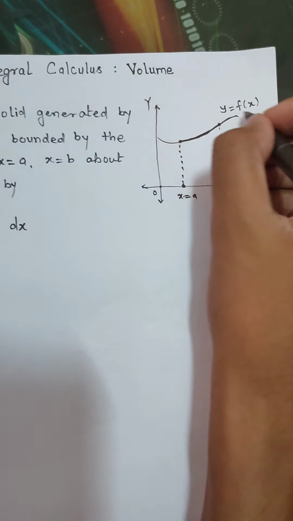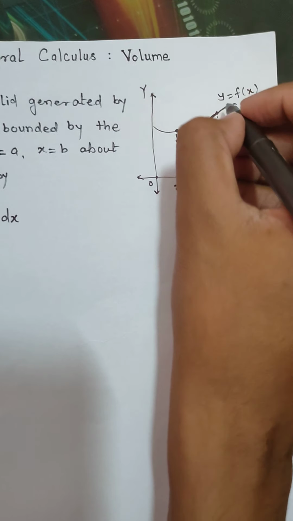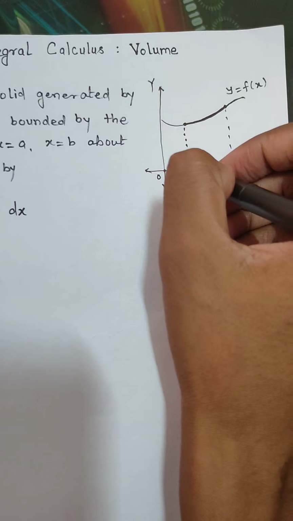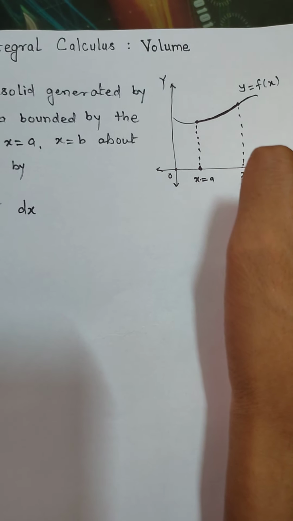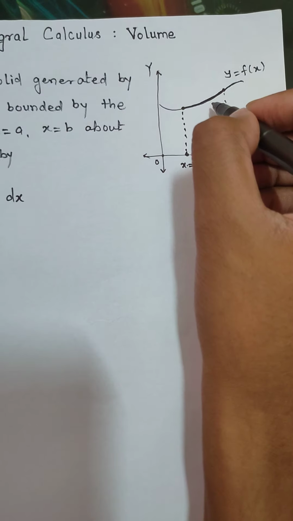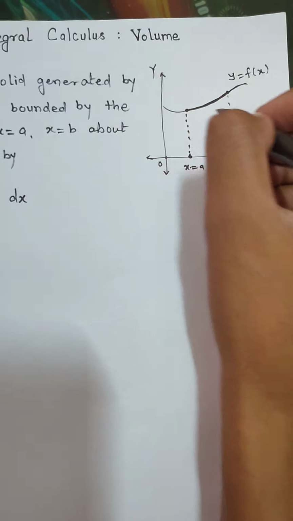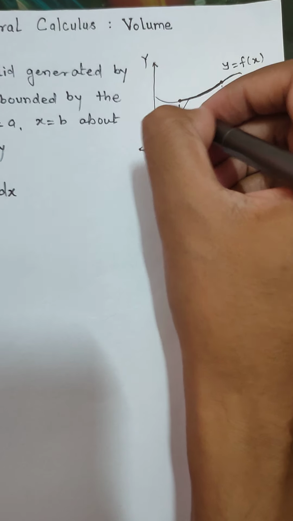Now come back to the figure. We have a curve y is equal to f of x, and we are taking an arc of this curve, and this is x equal to a, x equal to b. Now what exactly we are doing here is we will revolve the area under this curve. So this is the area I am talking about.